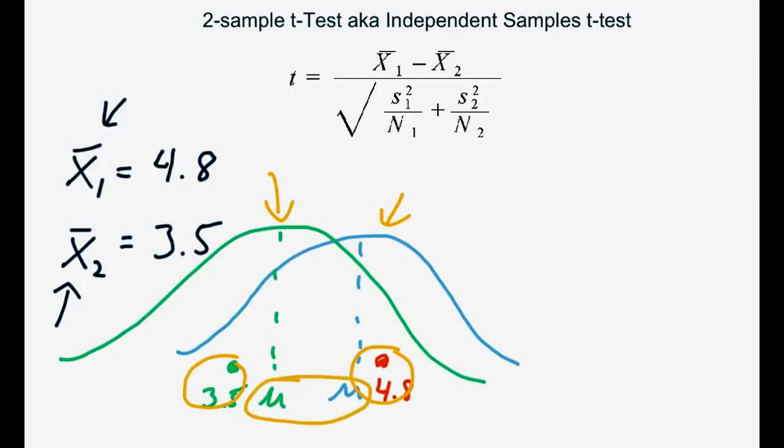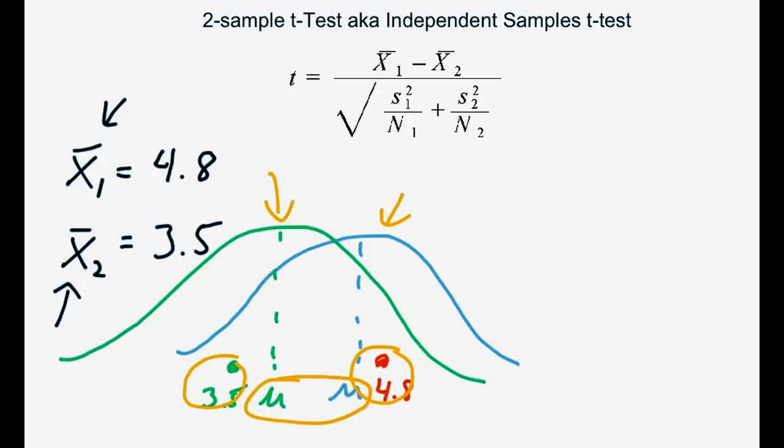We are estimating them from the samples that we drew, but we don't know what the actual real-world population values are. And because of sampling error, we can't assume that 4.8 is the exact population value, and we can't assume that 3.5 is the exact population value for the cold group.